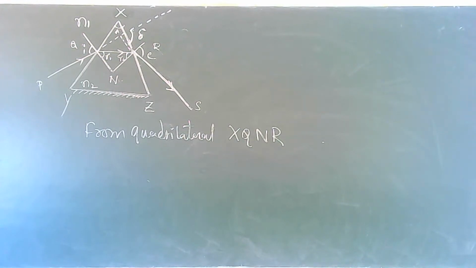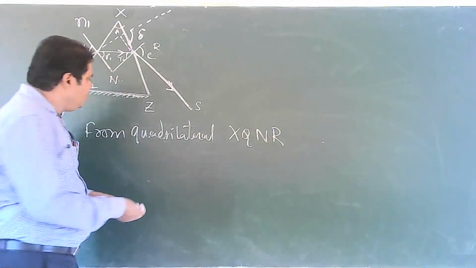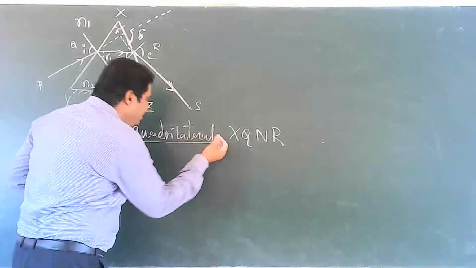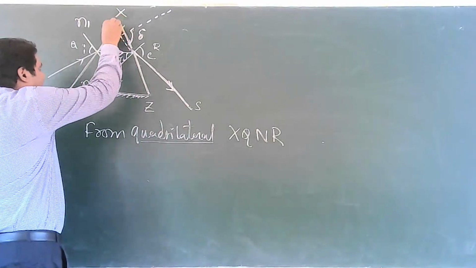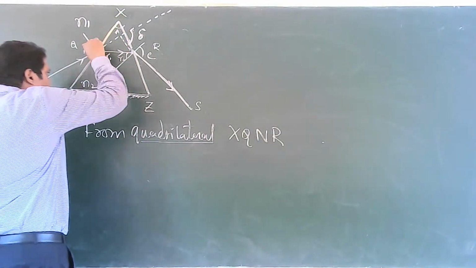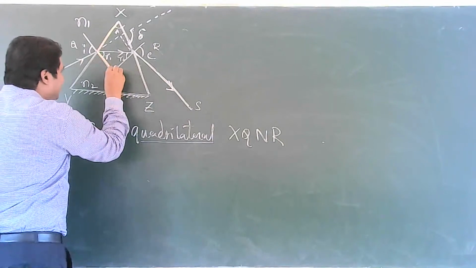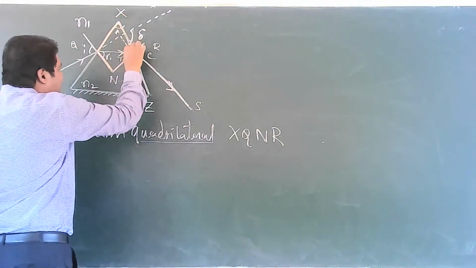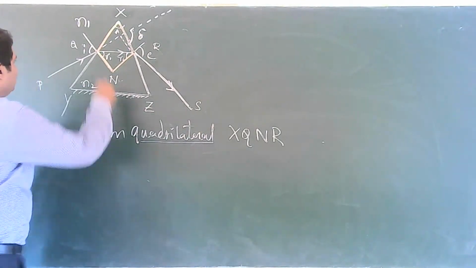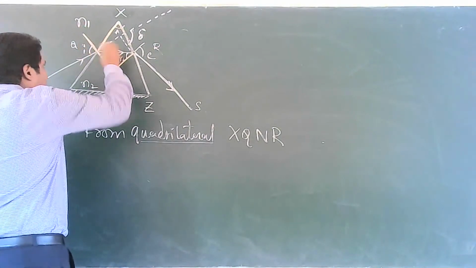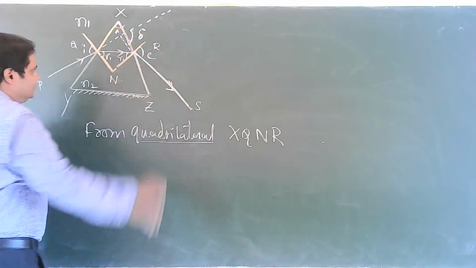Okay, one second. Let us consider quadrilateral X, Q, N, R. From this quadrilateral, this is normal. This is normal.